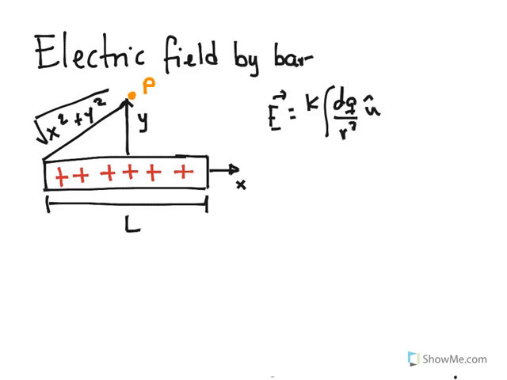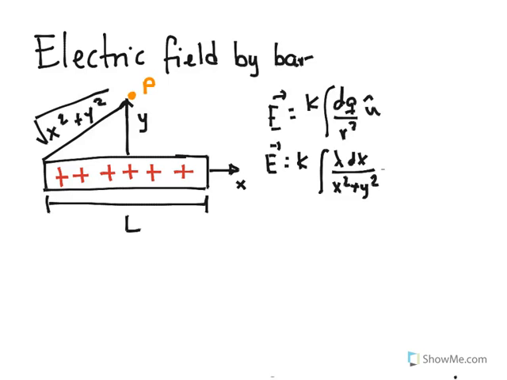The distance r squared is x squared plus y squared, which is the radial distance from any given point of the bar towards the point P. So we can write the electric field as k, and dq we can change by lambda dx, since this is a linear density. The radial distance is x squared plus y squared, and then we have the unit vector.